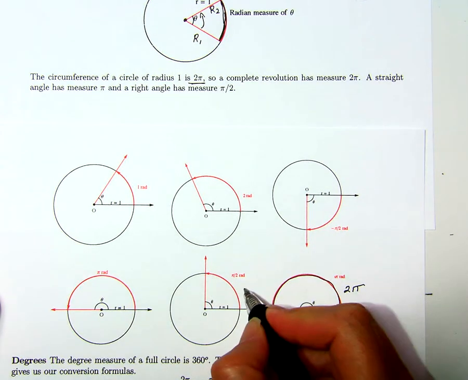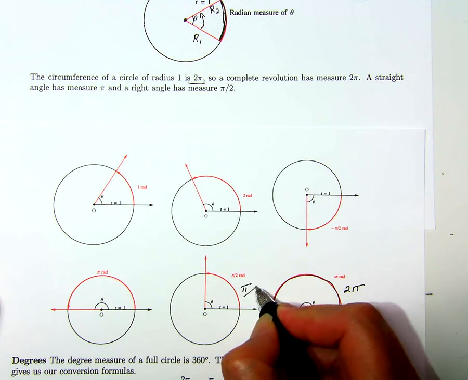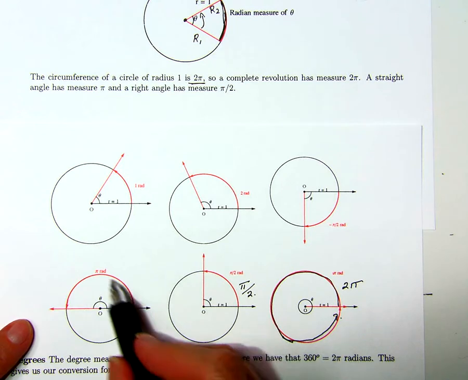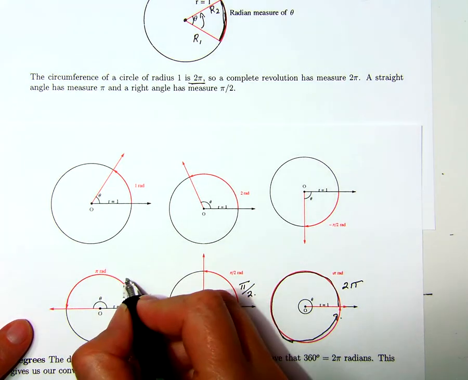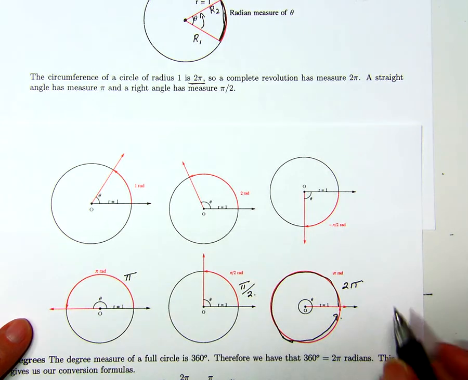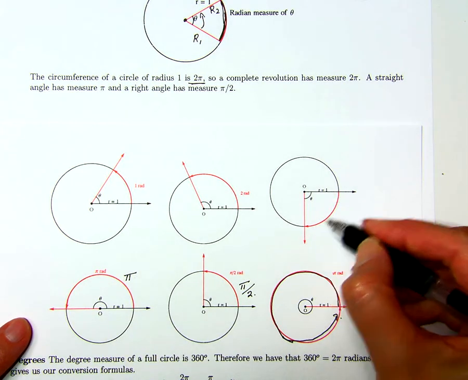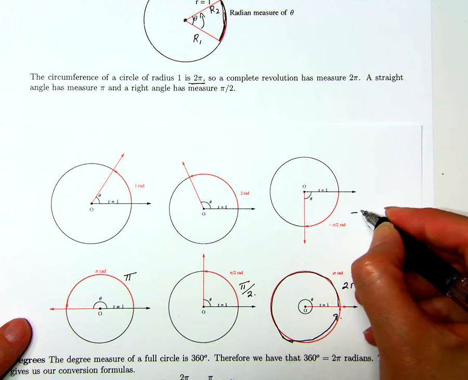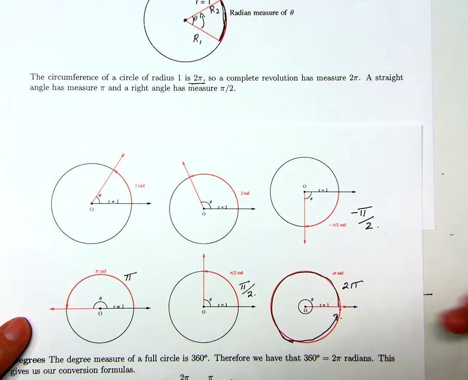Quarter circle in a counterclockwise direction has measure pi over 2. A half revolution, it's a straight angle, has measure pi, and of course a quarter revolution in a clockwise direction has measure minus pi over 2.